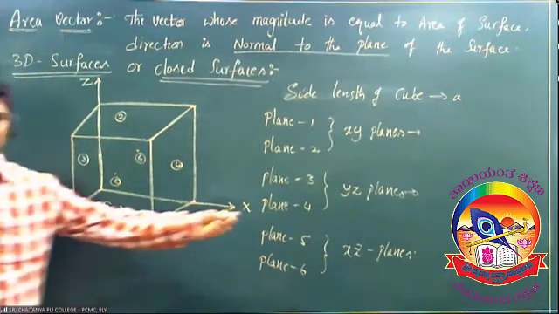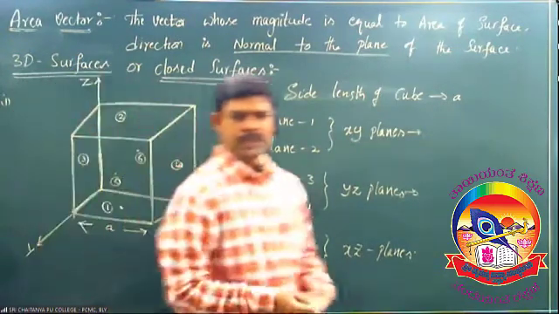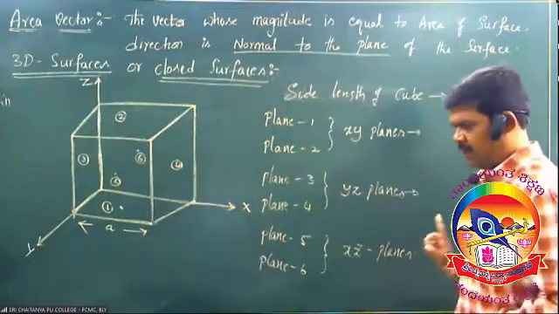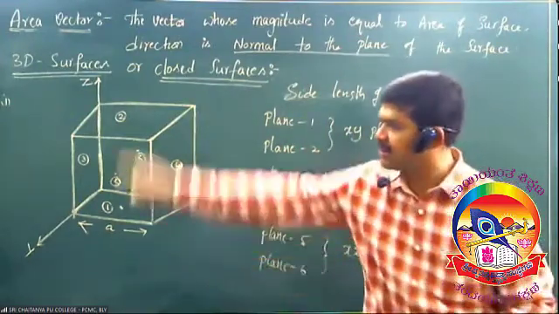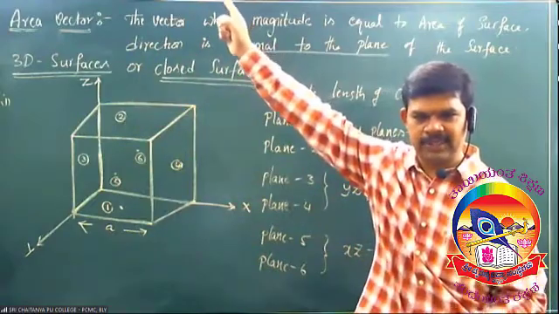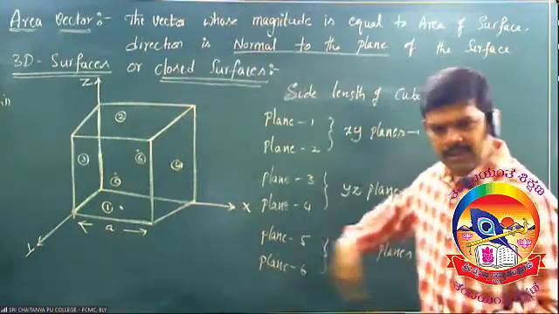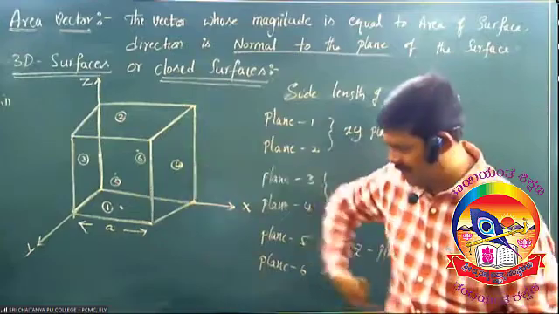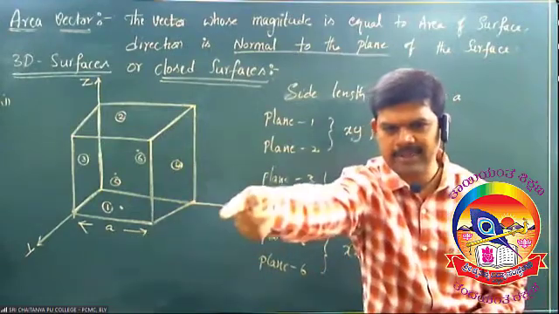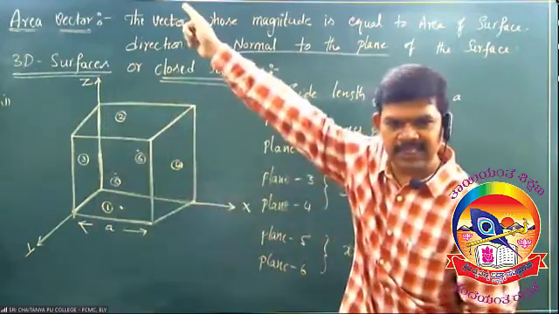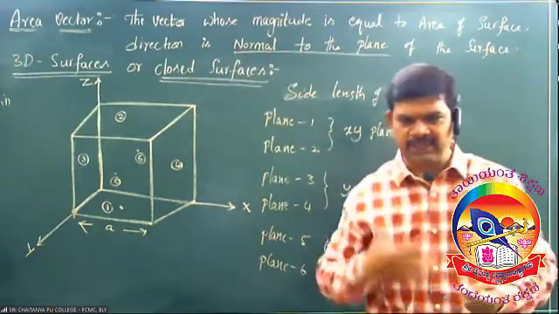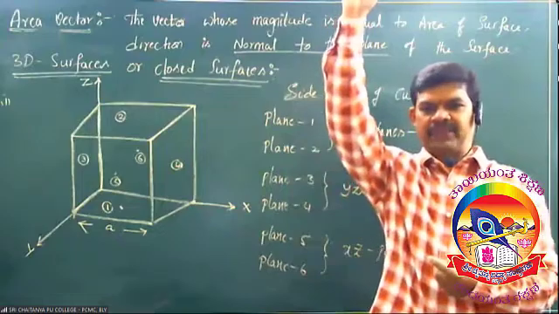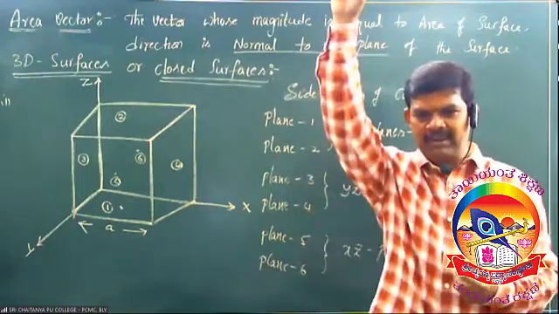Simple. You take a room, right? In the room, this is x-axis, this is y-axis, this is z-axis. This lower surface on which I am standing and the upper surface, these two are parallel.